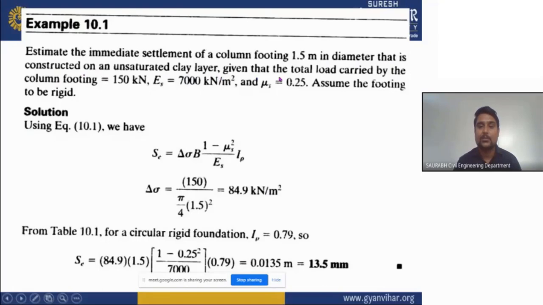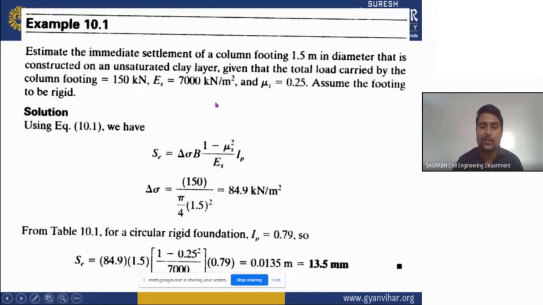Given that the total load carried by the column footing is 150 kilonewton. E S is also given here, which is equal to 7,000 kilonewton per meter square. And the Poisson ratio is also given, which is equal to 0.25, and assume the footing to be rigid.